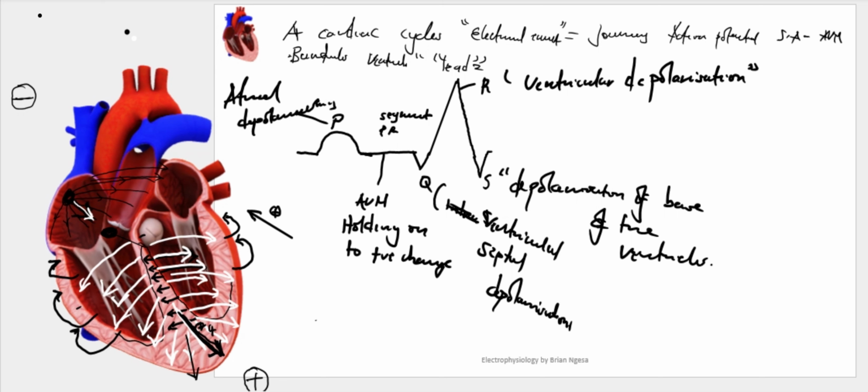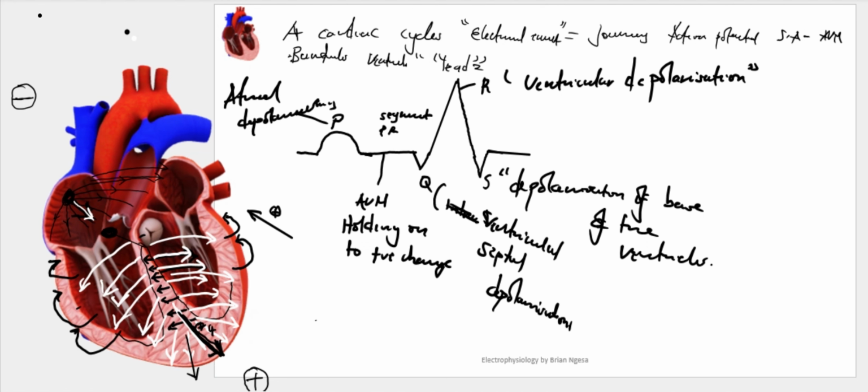So they can hold on to these positive charges before letting go. So this will represent a period of time where the positive charges are there and they are not moving. So it is likely to give us an isoelectric line over here, and this becomes the very famous ST segment.